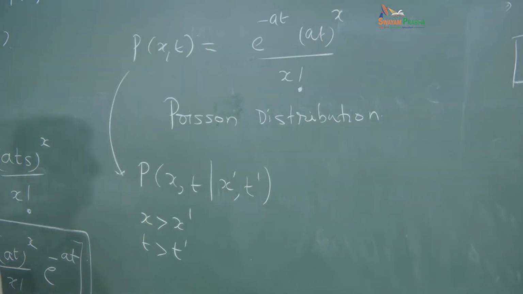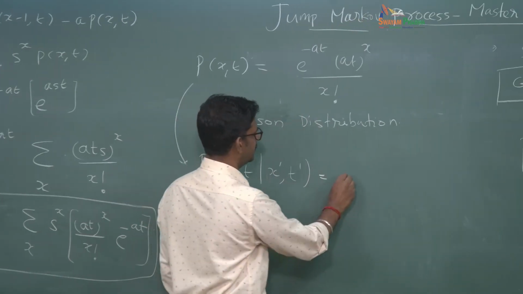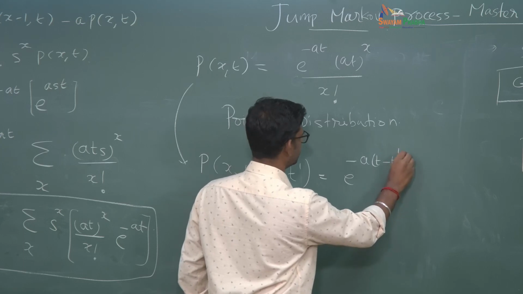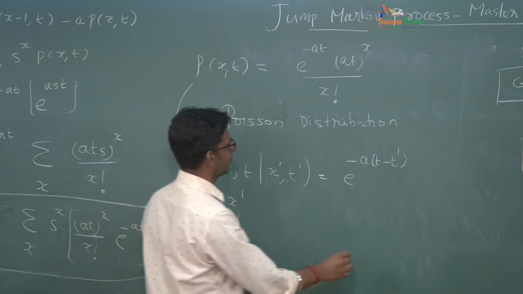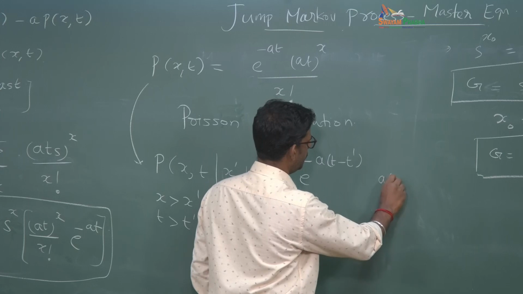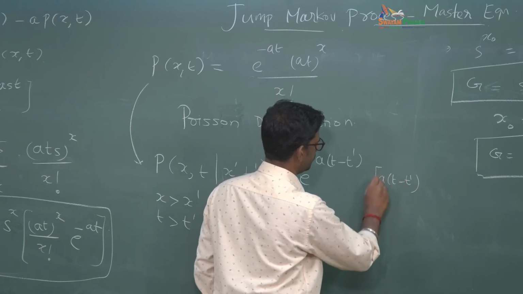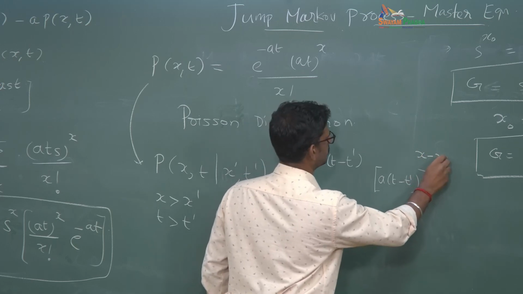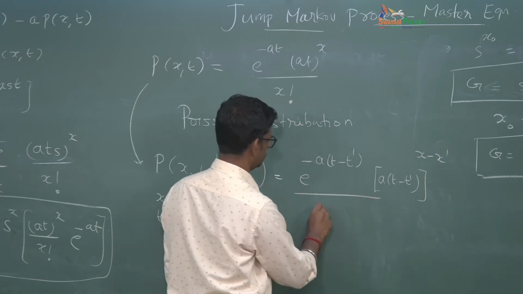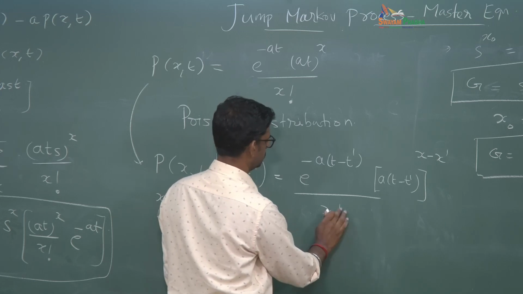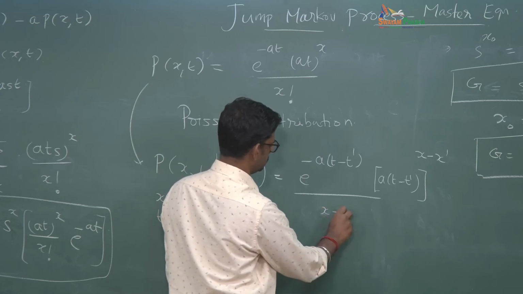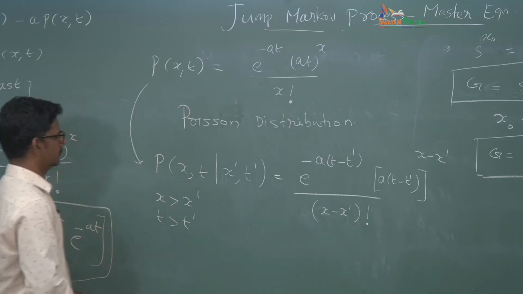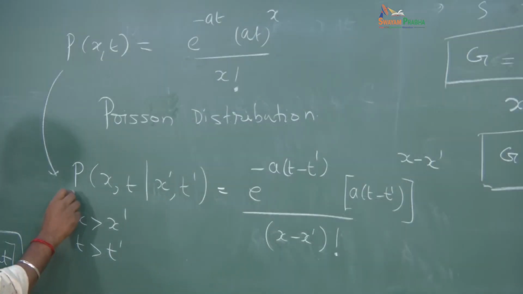Under this condition, you can write here e power minus a(t minus t prime) times (a into t minus t prime) power x minus x prime by (x minus x prime) factorial. So this is our transition probability.